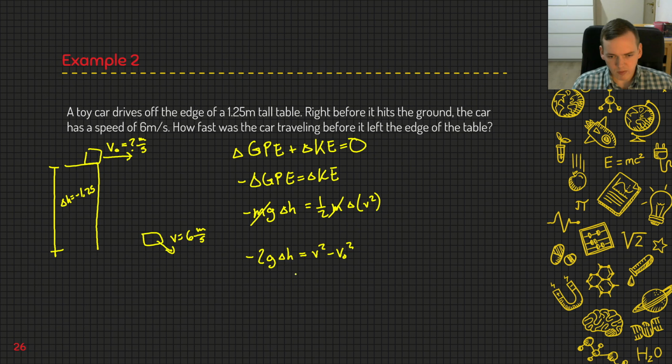If I'm trying to solve for V initial squared, I'm going to add the V squared over. So V squared minus 2g delta H equals, let's flip those, V naught squared.